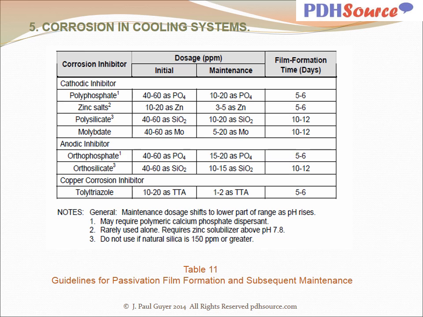Table 11, indicated here on slide 123, shows the guidelines for passivation, film formation, and subsequent maintenance for selected corrosion inhibitors, their dosages, and film formation times.